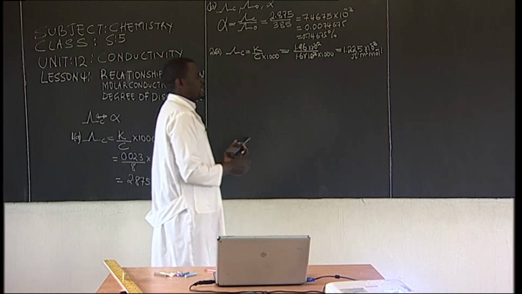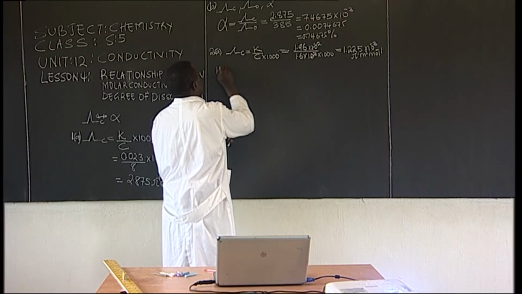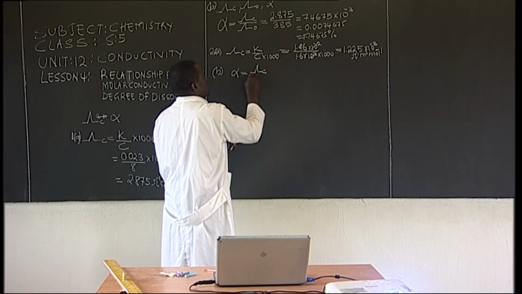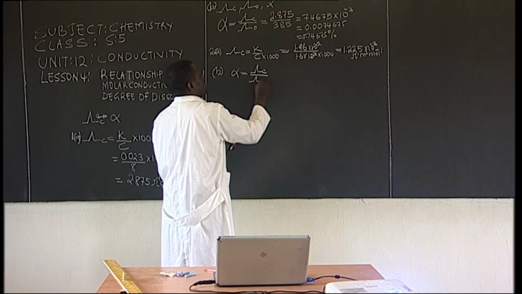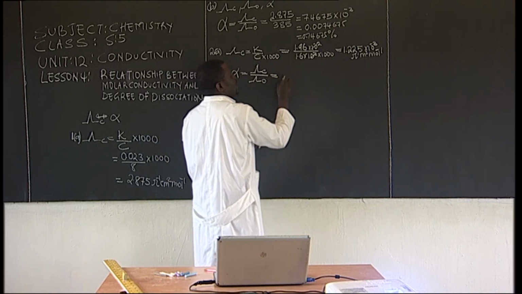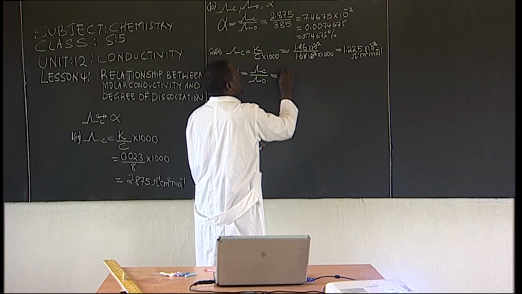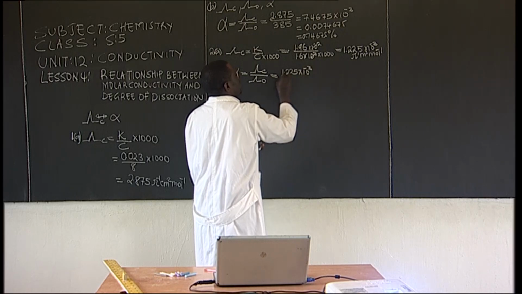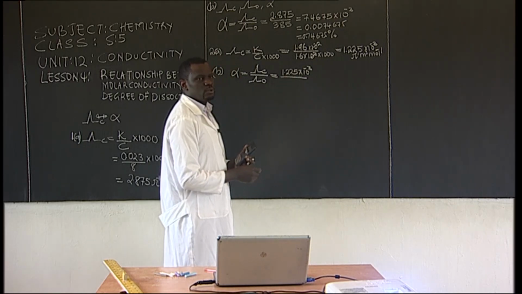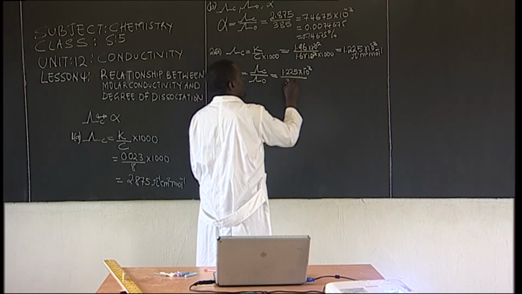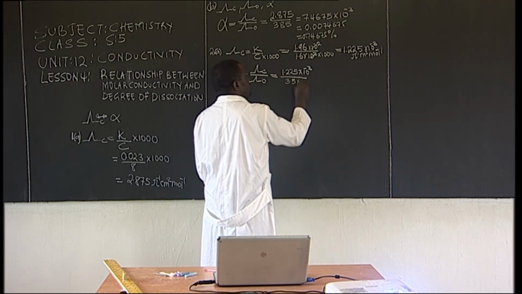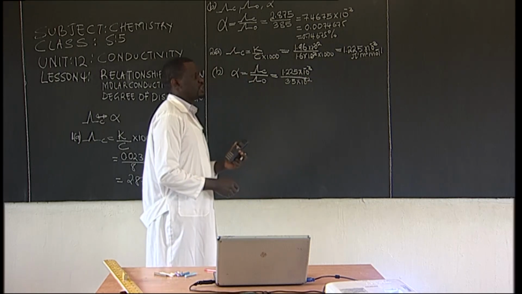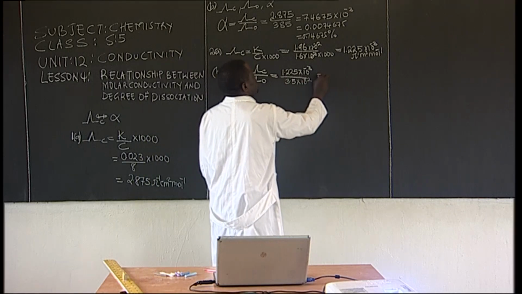So then the degree of ionization. We can talk about the degree of ionization. It will equal the molar conductivity at any concentration divided by the molar conductivity at infinite dilution. So here we are going to begin with the value we have calculated, times 10 to the power negative 3, divided by 3.5 times 10 to the power negative 2.